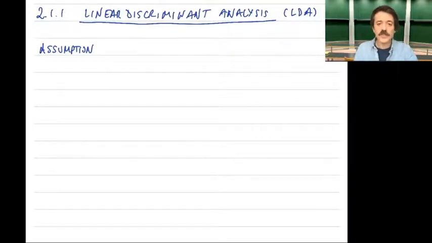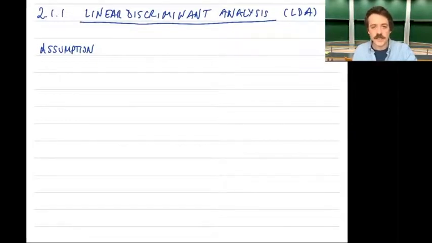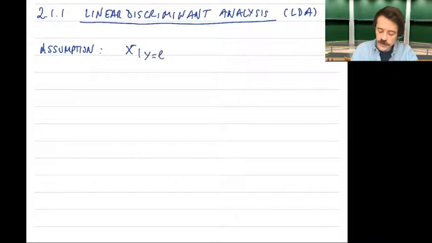So rather than the regressor, we're going to be modeling the conditional density of x given y, and we're going to be modeling the marginal of the labels. Okay, so the assumption is precisely this conditional.